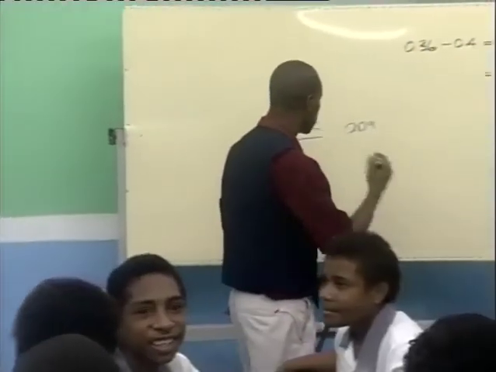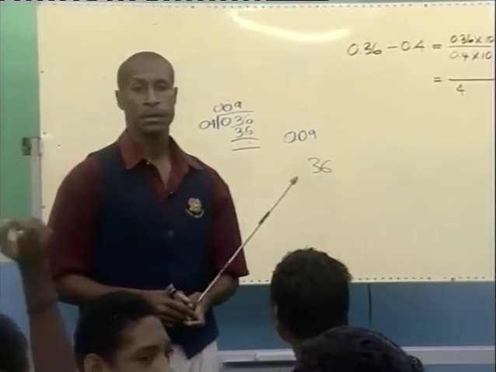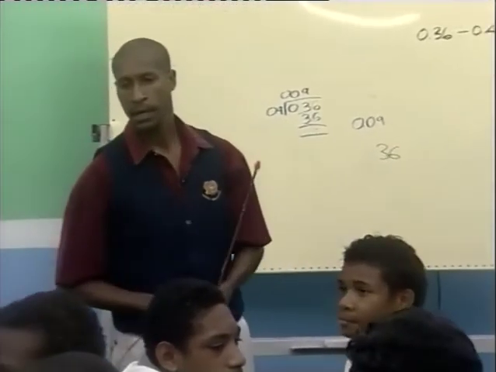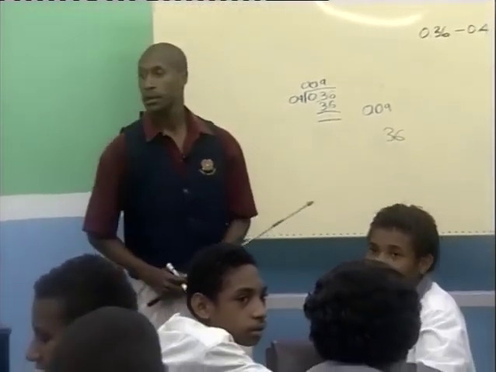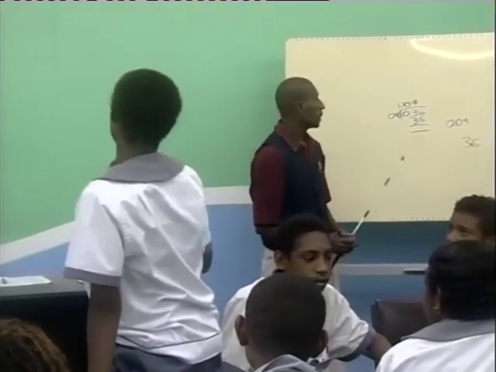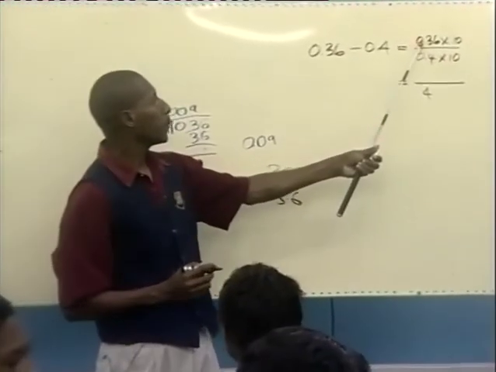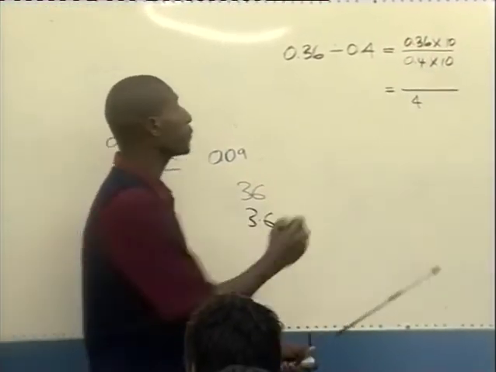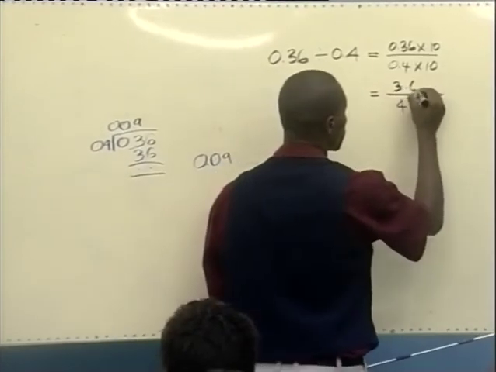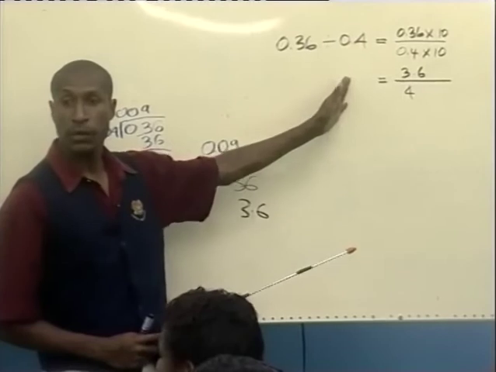He says 36. Any other different answers? Okay, pass the mic, please. 3.6. Yes, very good. When you multiply 0.36 times 10, you get 3.6.